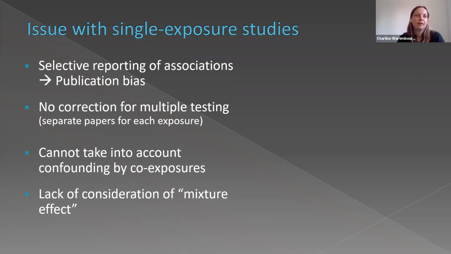That means that we will mainly publish only the positive results, even if I also recommend you to publish the negative results, but the single exposure approach may lead to this selective reporting of association. Another issue is that by making one paper for each exposure, we will not take into account the issue of multiple testing.